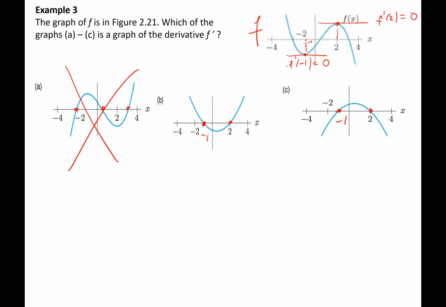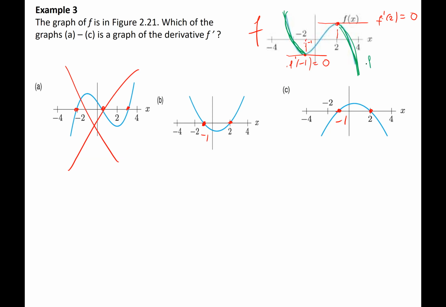What else can we do? Now what we also know is this: if the function is decreasing, because this is decreasing and this is decreasing, do we remember whether the derivative is positive or negative? It's negative.